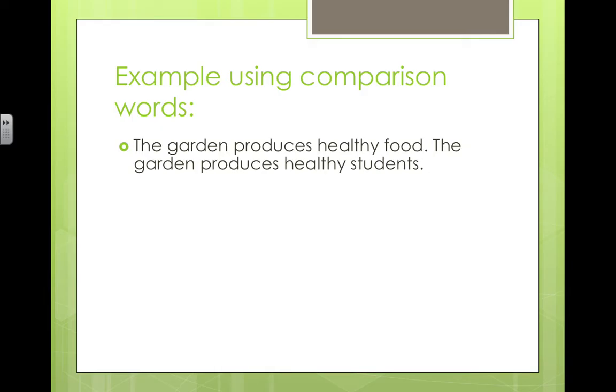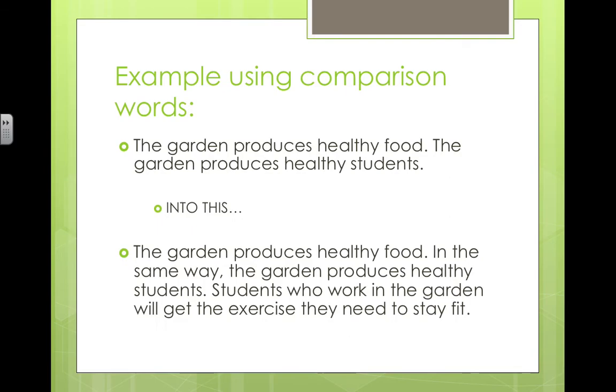The garden produces healthy students. And that changes it into this. The garden produces healthy food. In the same way, the garden produces healthy students. Students who work in the garden will get exercise they need to stay fit. The phrase "in the same way" connects our two sentences and shows how they are similar.